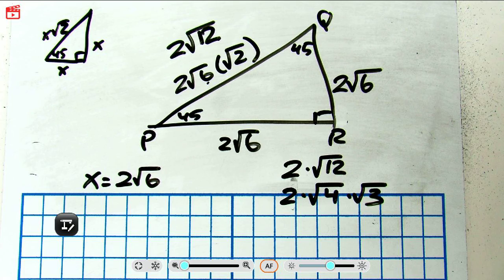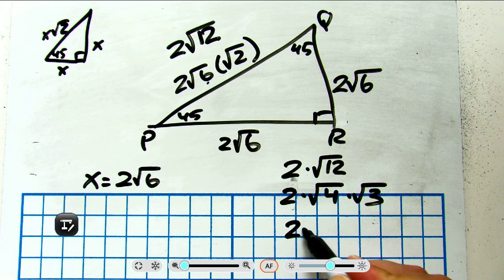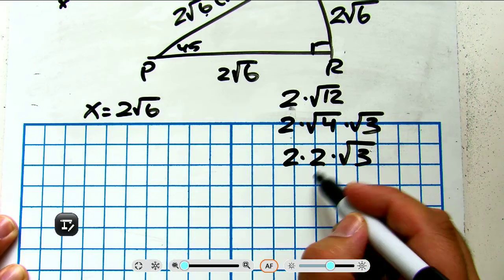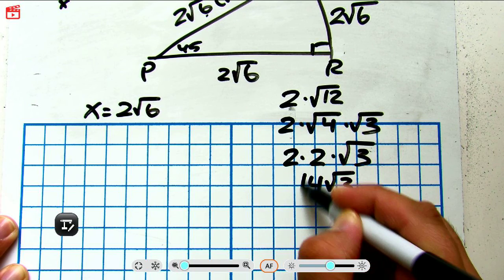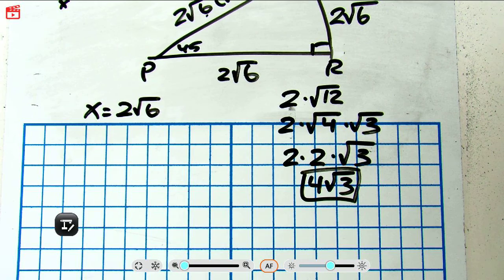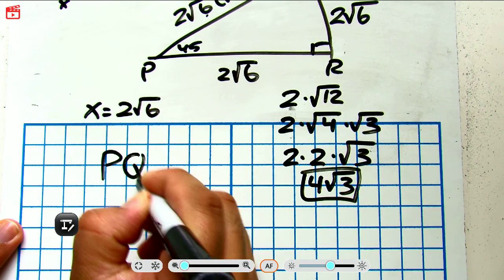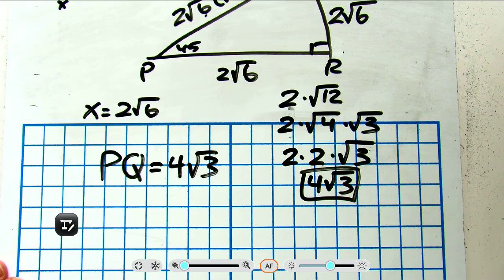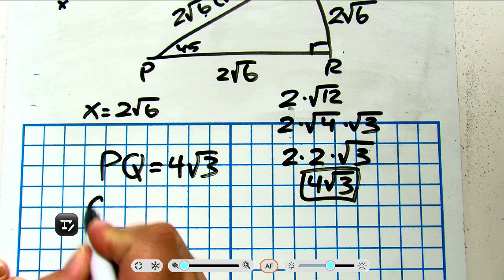The square root of 4 is 2, so this is 2 times square root of 3. 2 times 2 is 4. So the hypotenuse ends up being 4 square root 3. So PQ is 4 square root 3, and QR is 2 square root 6.